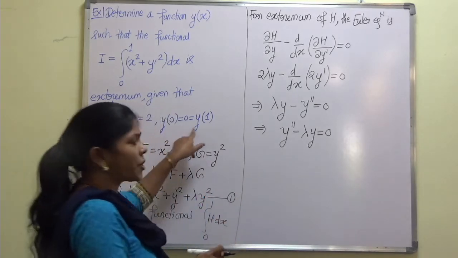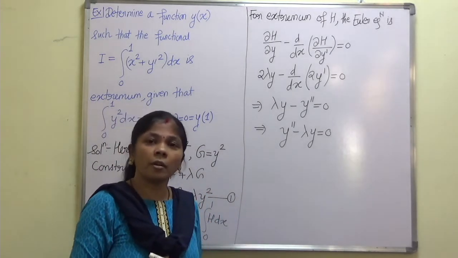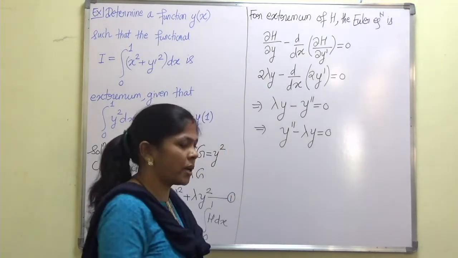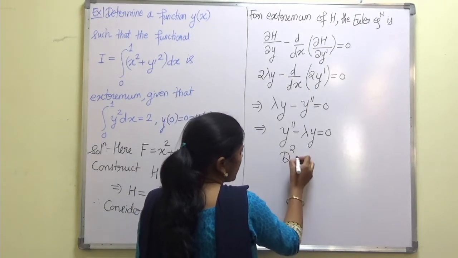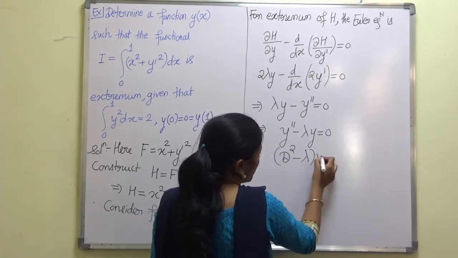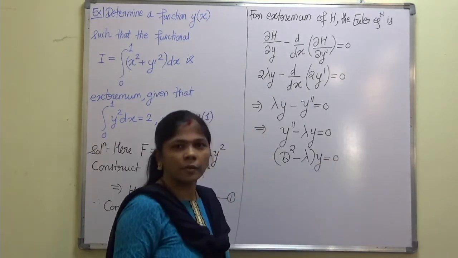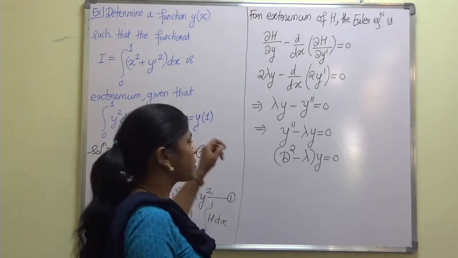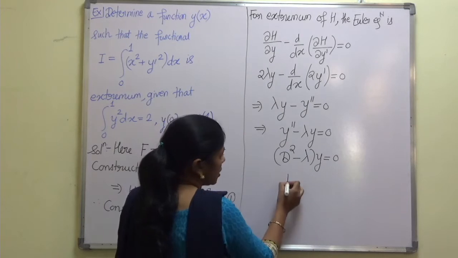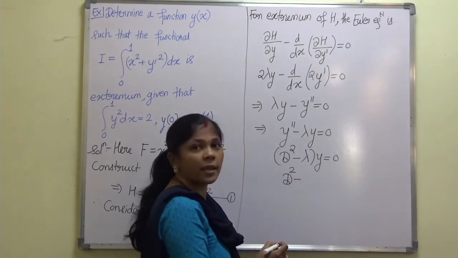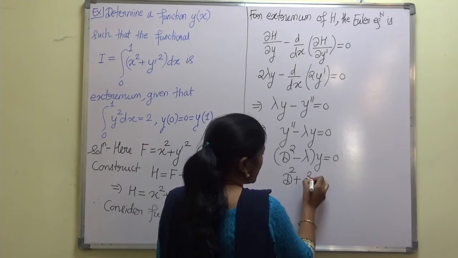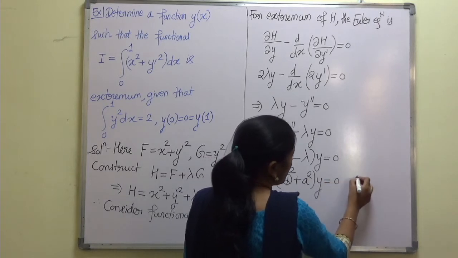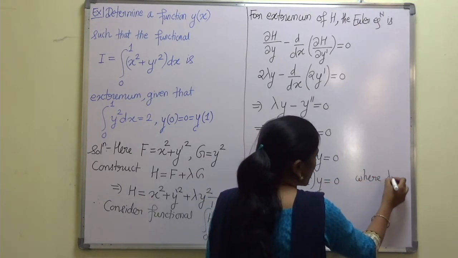Let us write this in operator form: D square minus lambda operating on y equal to 0. As this differential equation must have a solution which will satisfy the given conditions, we take lambda as minus a square. So this becomes D square plus a square operating on y equal to 0, where lambda is minus a square.